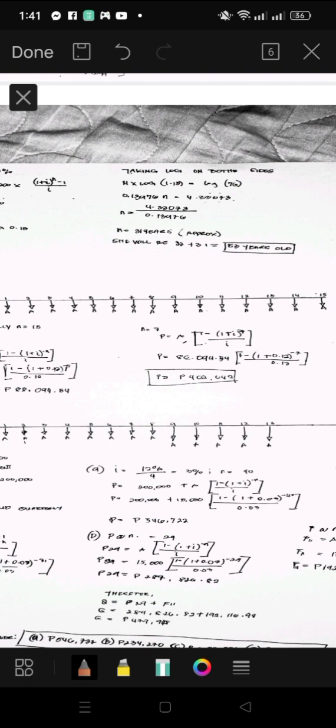So substituting into the solution, P is equal to 200,000 plus 15,000 times the quantity of 1 minus 1 plus 0.03 raised to the power of negative 40, over 0.03.